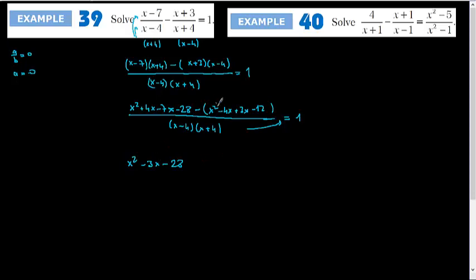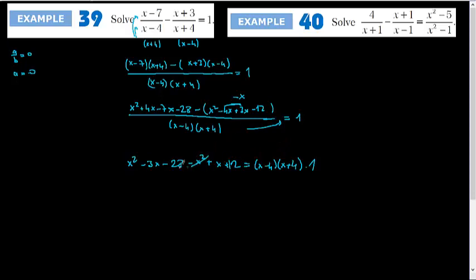Here it's going to be minus x squared, minus 4x plus 3x is minus x, and minus 12 becomes plus 12, and on the other side, it's x minus 4 times x plus 4 times 1.